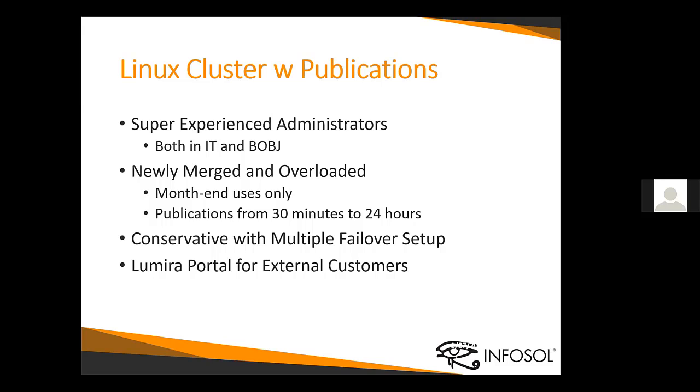The real problem we wanted to focus on was that their publications at month end would go from the same publication that took 30 seconds throughout the month, a daily publication, to, because of the load they had at month end, 30 minutes to 24 hours.